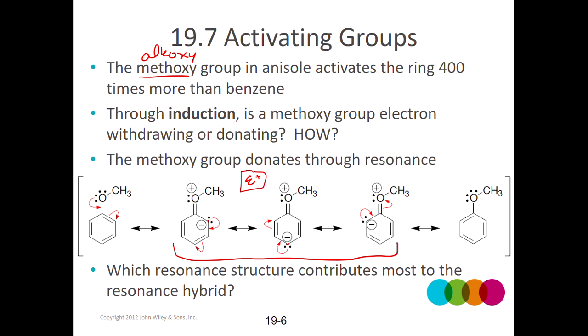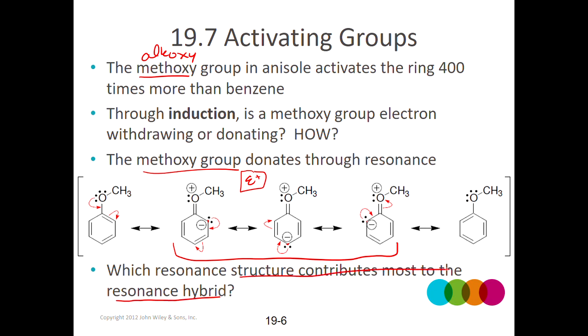So I expect the methoxy group to do the same thing in terms of being an ortho para director instead of directing the new electrophile to come into the meta position, because the meta position doesn't have any extra partial negative in any of these resonance contributors.